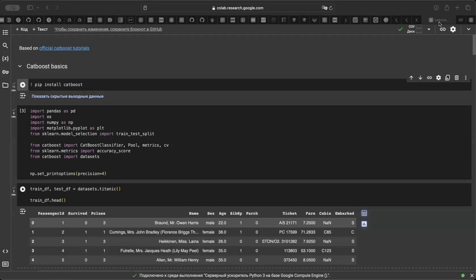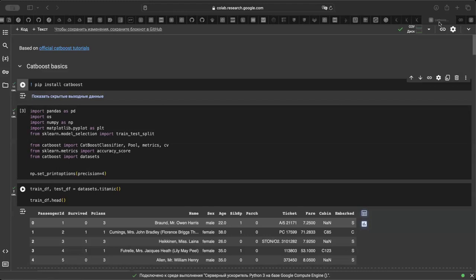So the main idea is to have many models and to perform training with the first one, and then we calculate the derivative of the loss function, and then we use this information to train the other one.